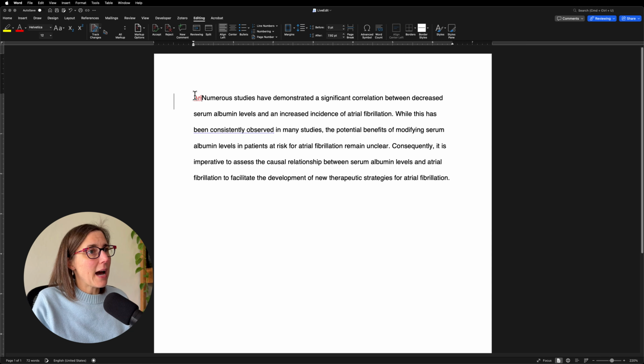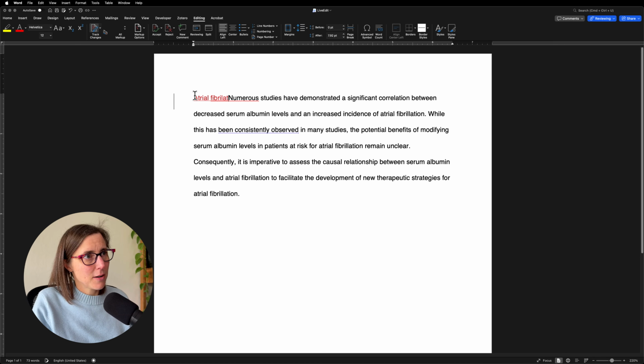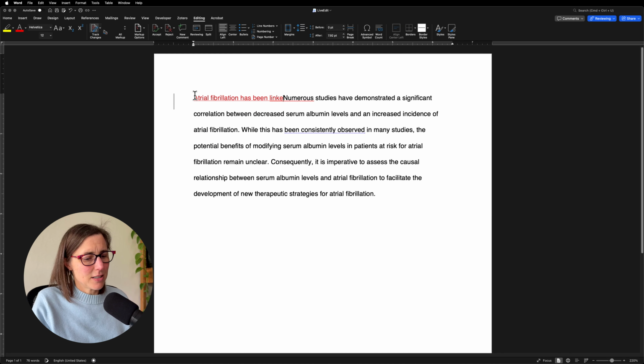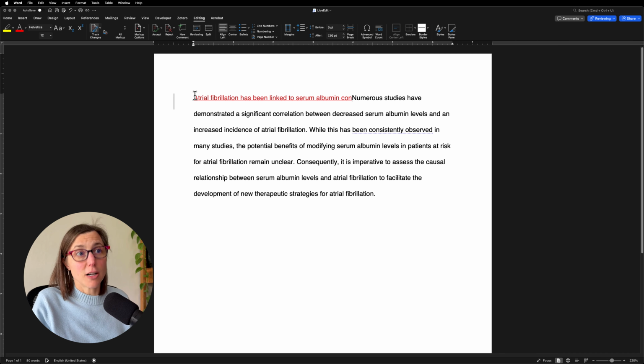So I would add: atrial fibrillation has been linked to serum albumin concentrations.